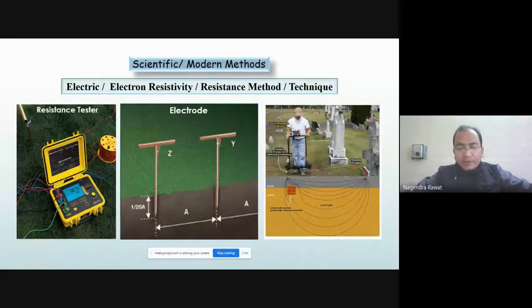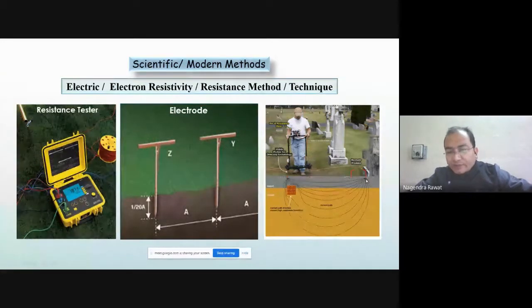But how does it work? On your screen you can see that we need a resistance tester and electrodes. In the third image, we can see that from one point, which is the source, the current moves and goes to the remote probes, which receive the signals.